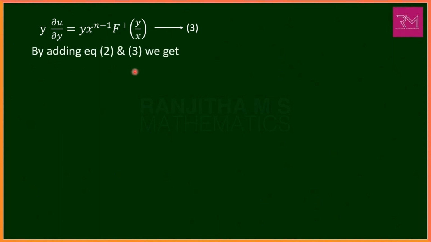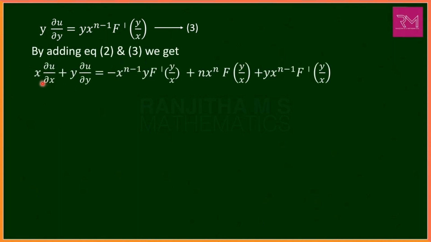Next step, by adding equation 2 and equation 3, we get the value as, here first term is x into del u by del x, second term is plus y into del u by del y, which is equal to, here x into del u by del x is minus x power n minus 1 into y into f dash of y by x plus n into x power n into f of y by x plus y into del u by del y value is y into x power n minus 1 into f dash of y by x.